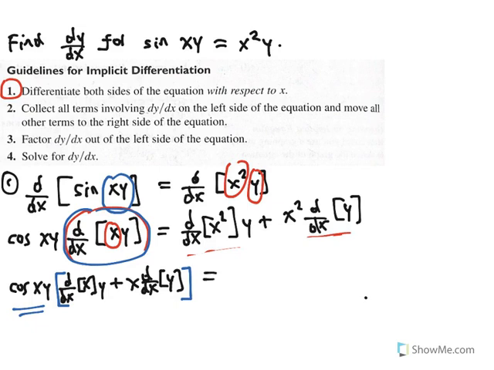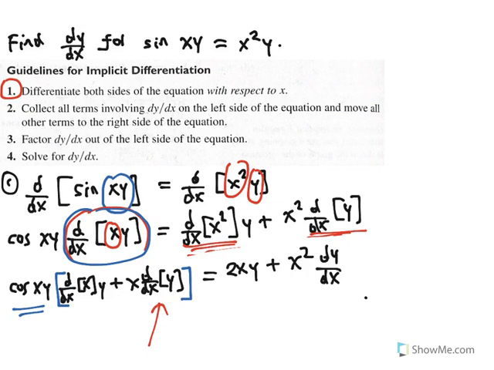And that's equal to, on the right side of the equation, what is this? As we said earlier, that is 2x. So we have 2xy plus x squared. And what is this? This is dy dx. That's what we're looking for, dy dx. And what is this?